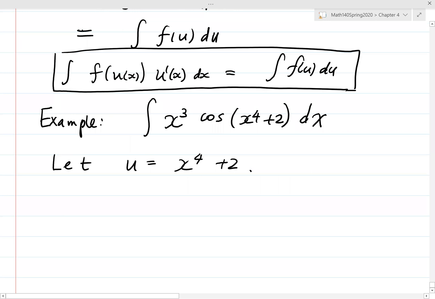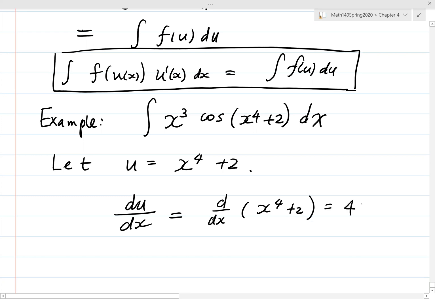Then du over dx is the derivative d over dx of x to the power 4 plus 2. Then we get 4x to the power 3, and 2 has derivative 0.